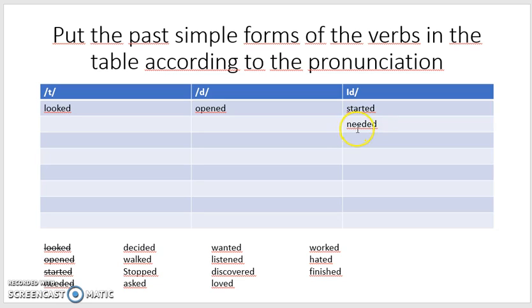And in this case, the second example, in the base form is need, so it ends in the sound d. So again, we add an extra syllable for the ed ending, needed. Okay, so pause this video, follow those rules, and see if you can add these verbs in their past simple endings into the corresponding columns, and then we'll check.